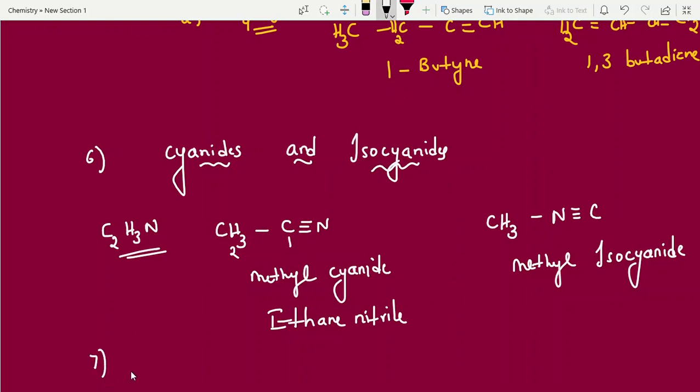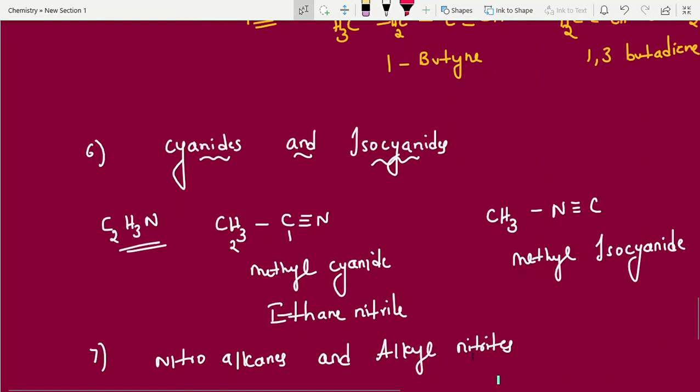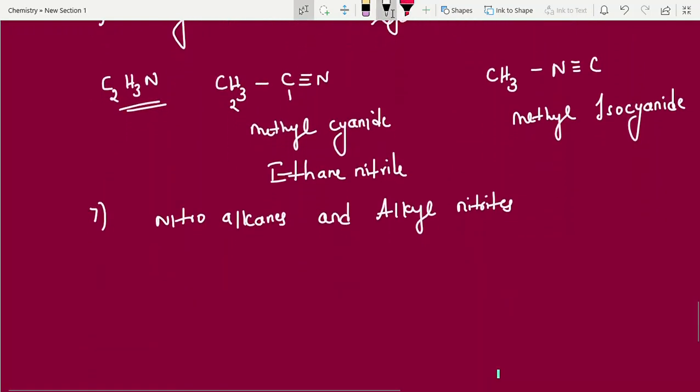Nitroalkanes and alkyl nitrites. Okay, you'll see this one. Or else you can take CH3 group, CH3 N, double bond O, this is single bond.